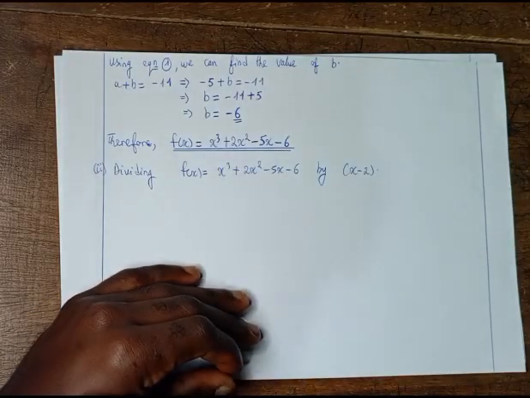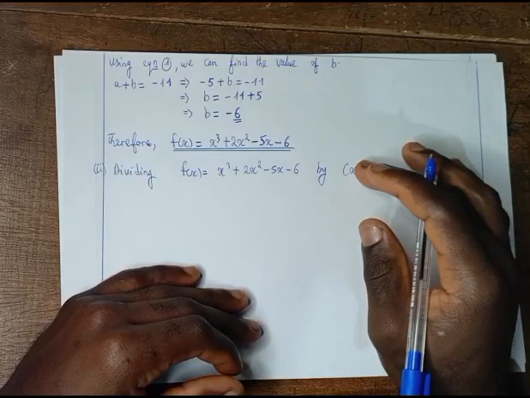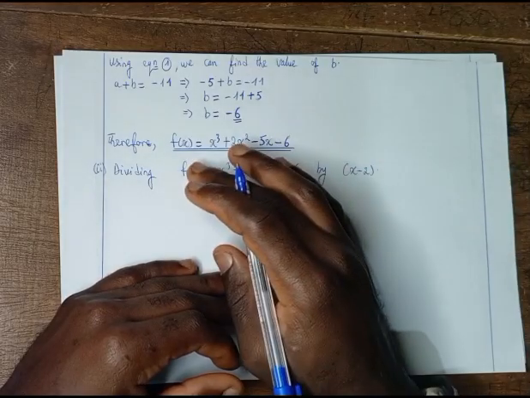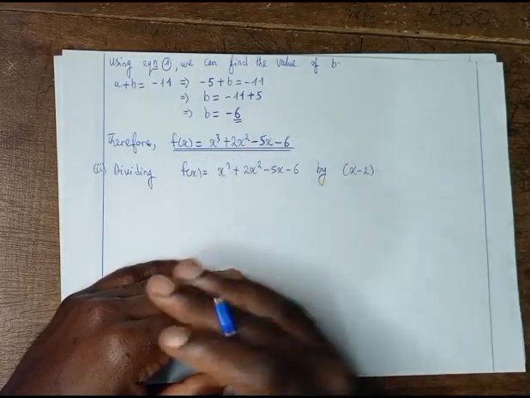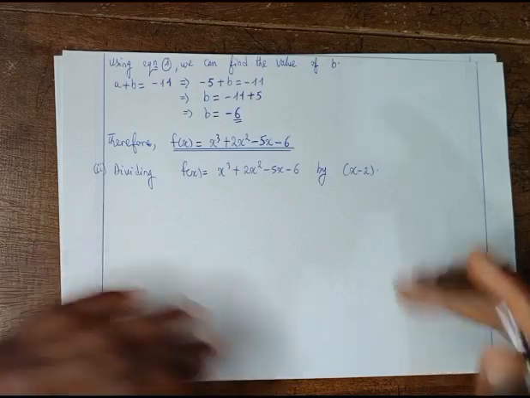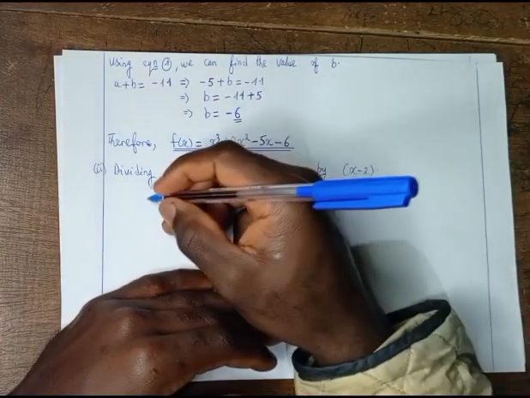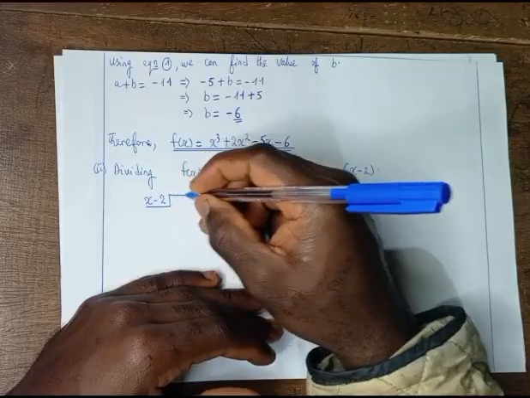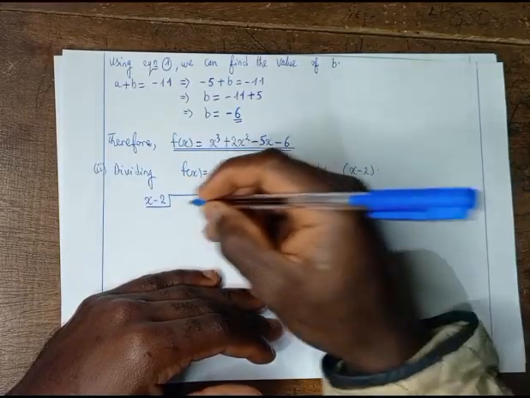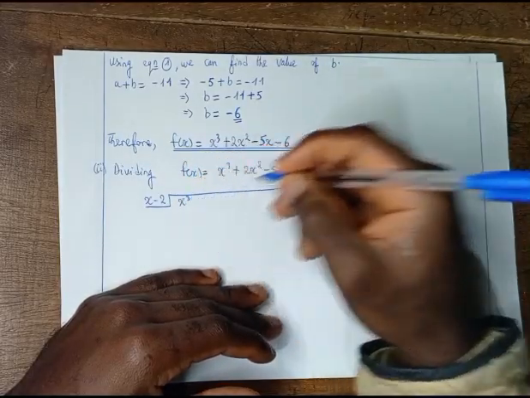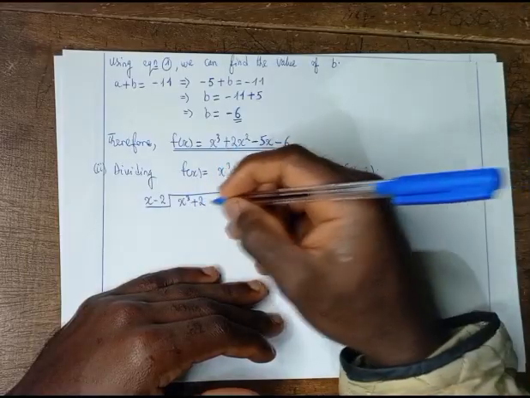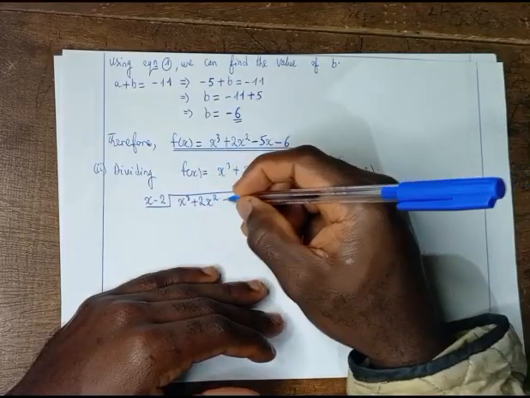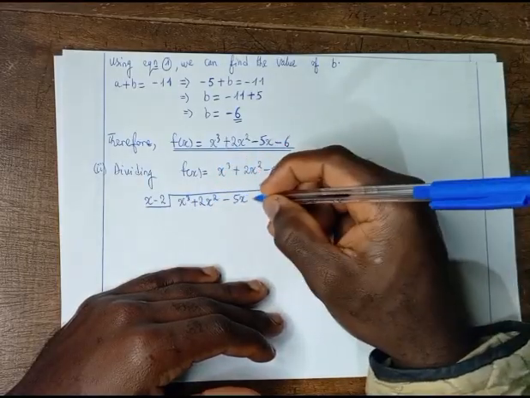In this case, we are going to make use of the method of long division, because if you apply the factor theorem here, if you put x to be 2, you always obtain 0, which is not useful. In this case, let's divide the polynomial f of x, x cubed plus 2x squared minus 5x minus 6, by x minus 2.